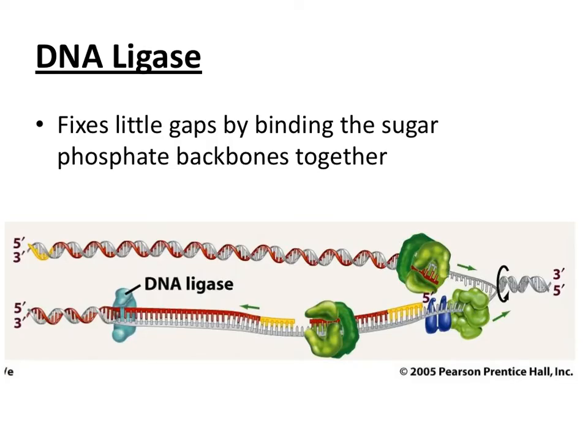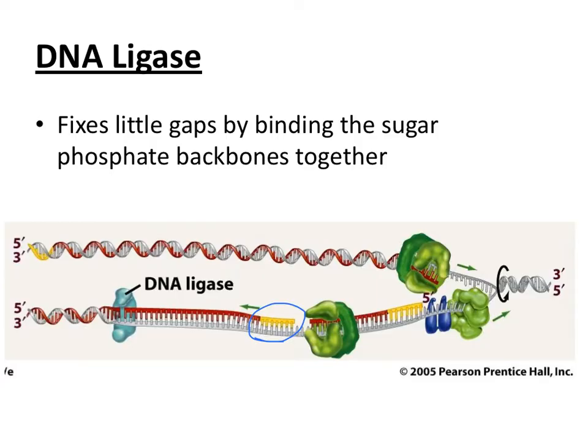The next enzyme we have to look at is DNA ligase. DNA ligase will now fix any little gaps or breakages in the sugar phosphate backbone of the DNA molecules. Remember when you have the primers here, something like DNA polymerase I will replace the RNA nucleotides with a set of DNA nucleotides.